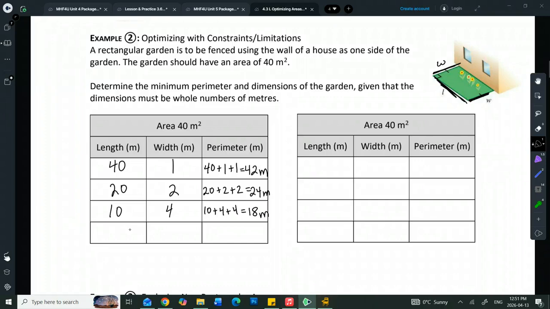What's the next option? Does 5 go into 40? Okay. So we'd have 8 plus 5 plus 5. What does that give us?